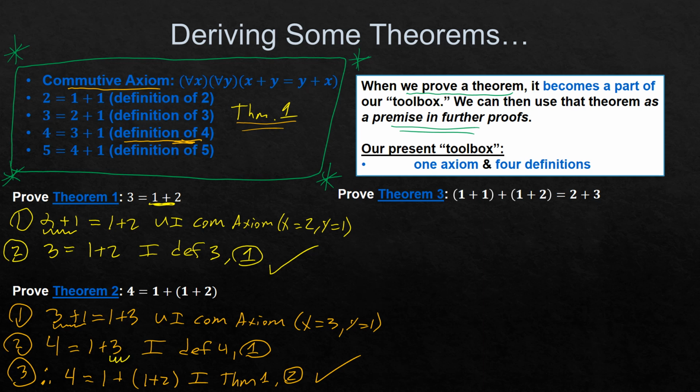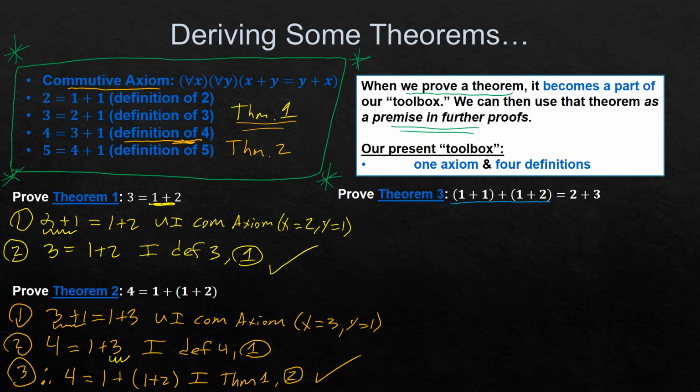So now let's place theorem 2 in our toolbox. For theorem 3, we have 1 plus 1 plus 1 plus 2 is equal to 2 plus 3. Okay, so what should we do? The best thing here is to deal with this left-hand side.